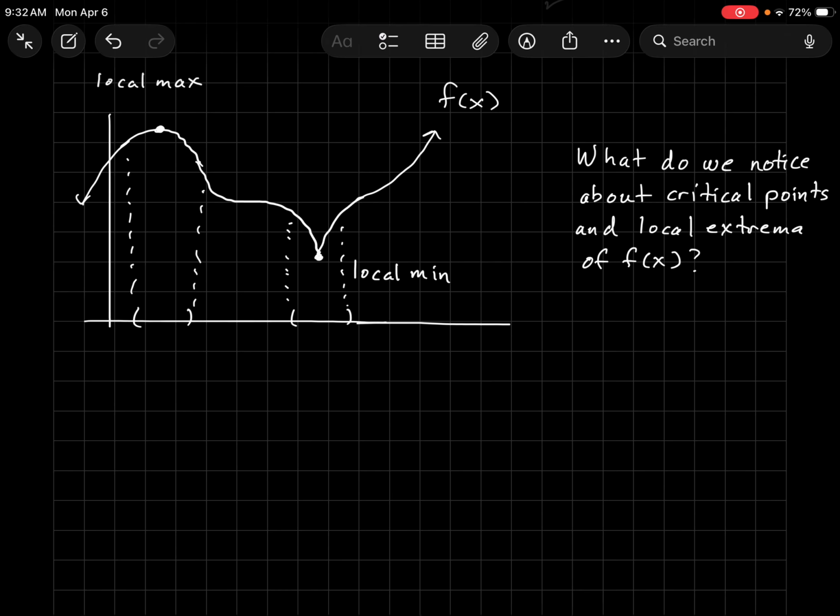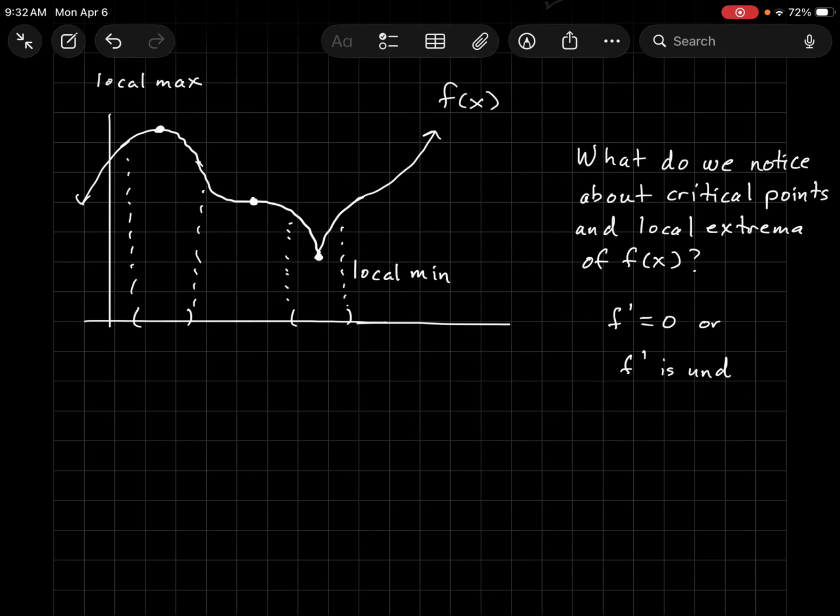Do you see any other critical points? Remember that a critical point is when f prime is 0 or f prime is undefined. Well, I see one other critical point, which is right about there.